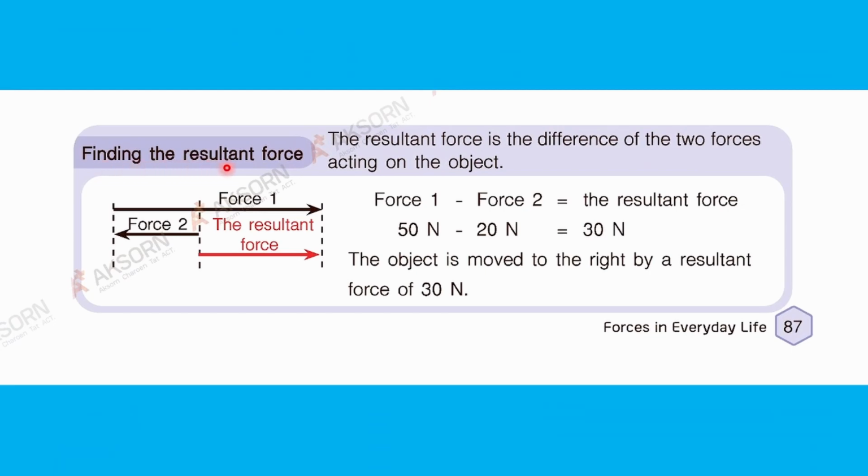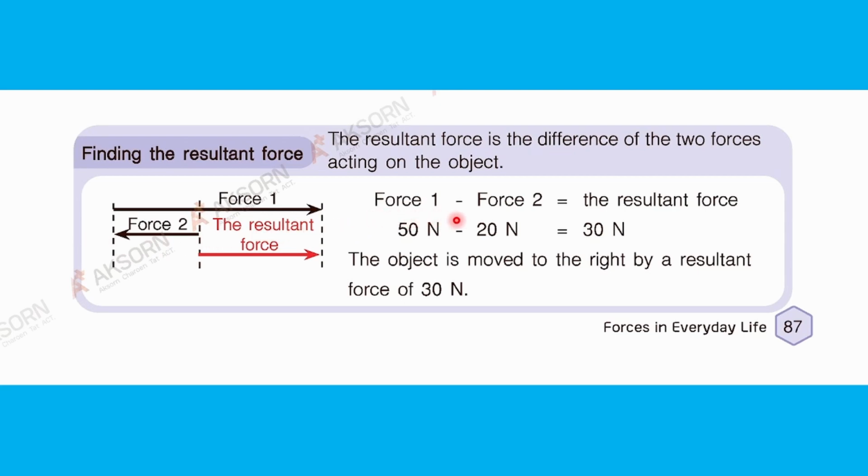Finding the resultant force. The resultant force is the difference of the two forces acting on the object. Force 1 is pushing in this direction. Force 2 is pushing in the opposite direction, going this way.